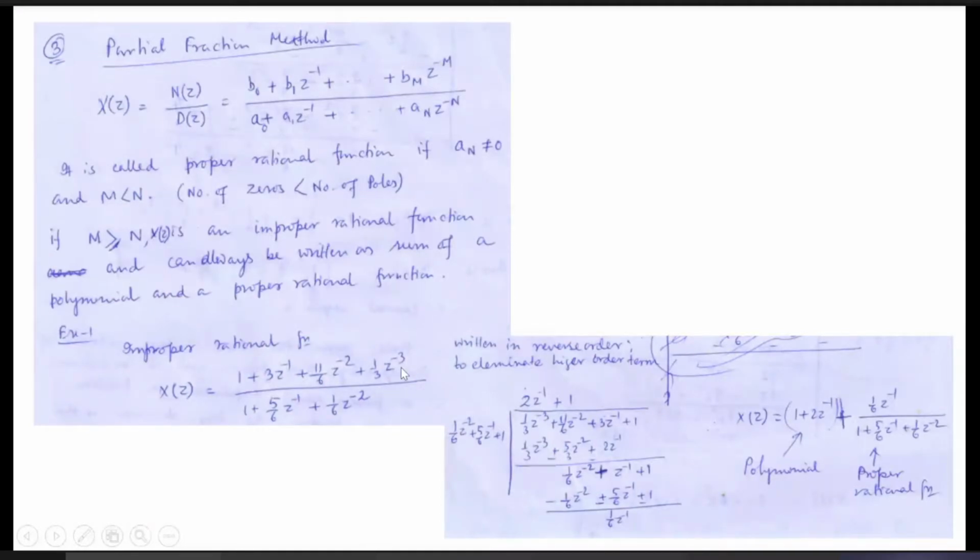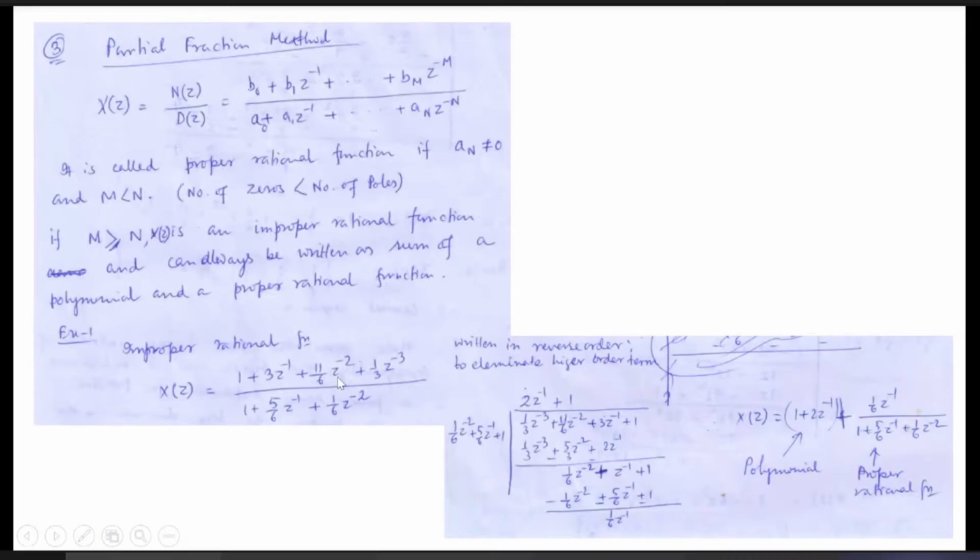So the numerator has an order higher than the denominator. What we will do is convert this to a proper rational function. Proper rational function means the numerator order should be lower than the order of the denominator.